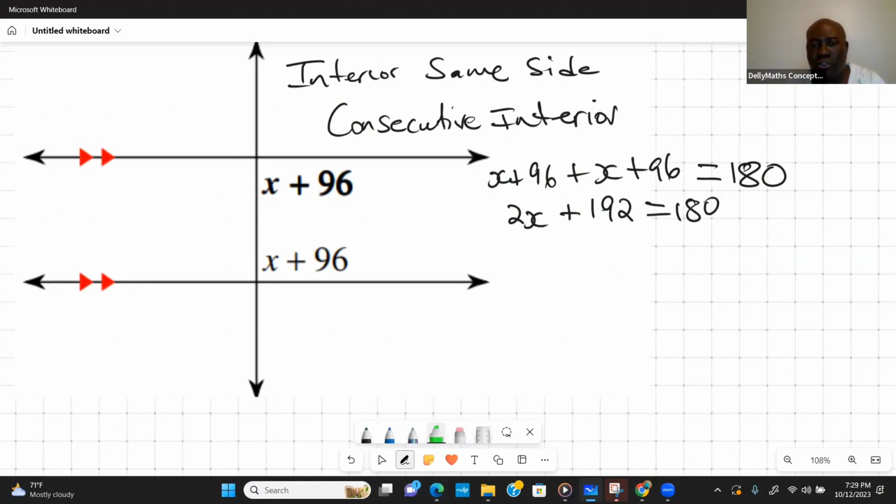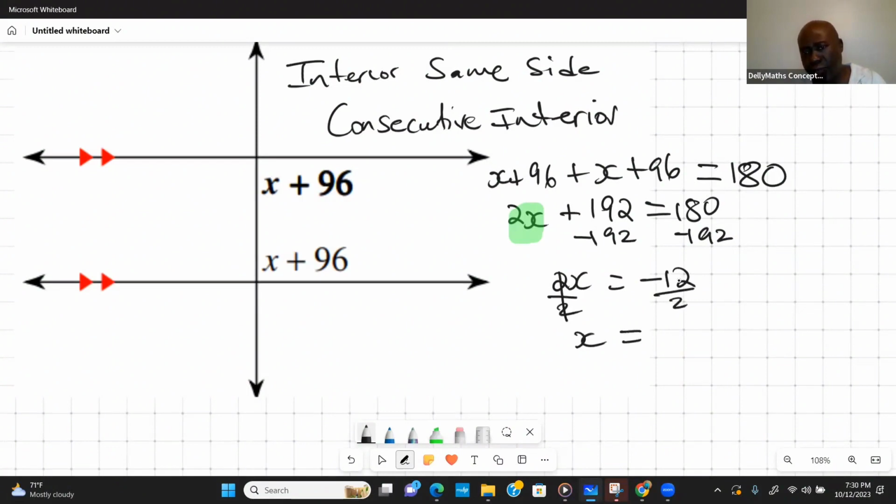In my quest to solve for x, I'm going to subtract 192 from both sides. So 2x is now equal to -12. Dividing both sides by 2, x is equal to -6.